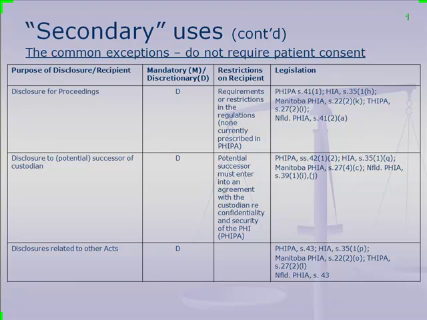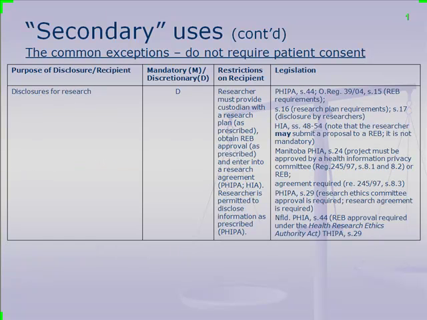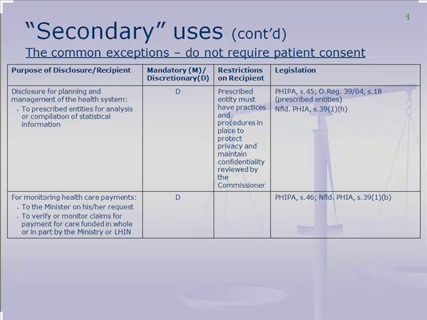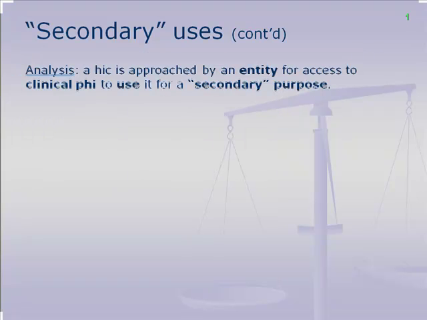So there's a number of these: disclosure for proceedings, successors of custodians, other acts, and all the legislation has research provisions which are different across the board. Okay, planning and management of the health system, analysis of the health system. And so that sets the stage for all kinds of examples.